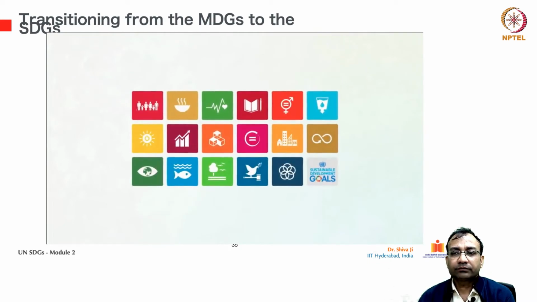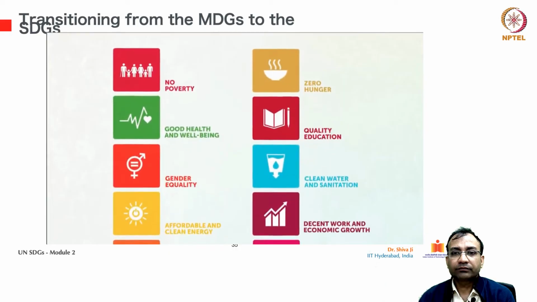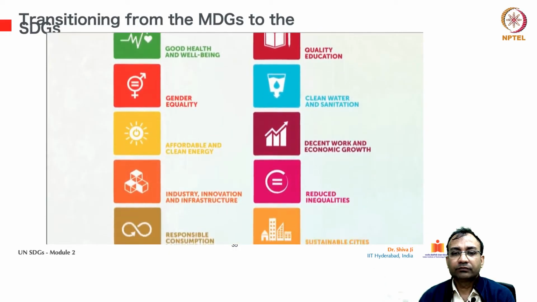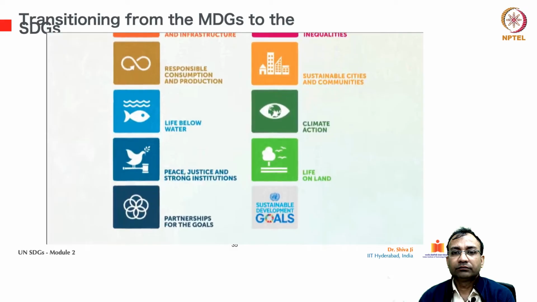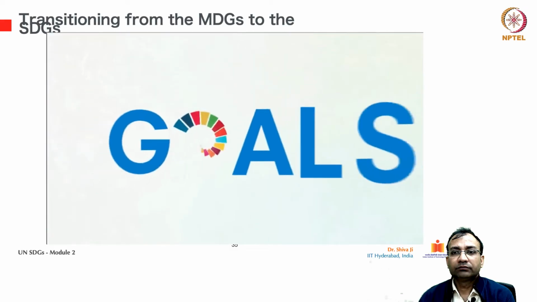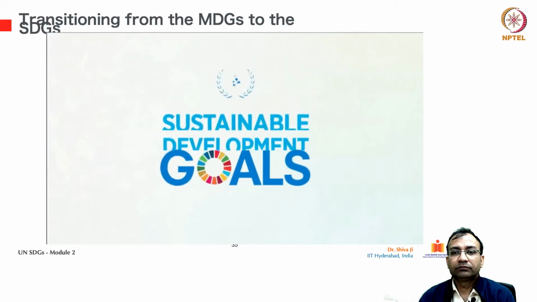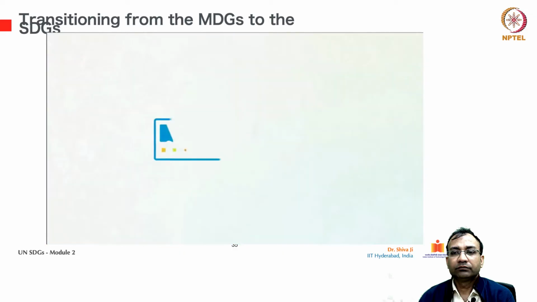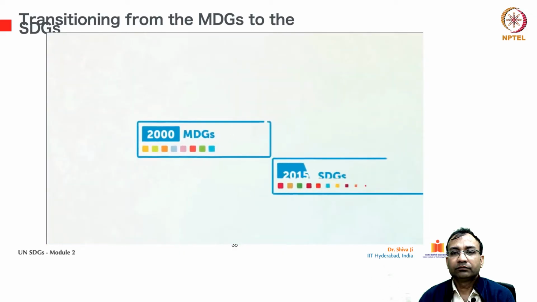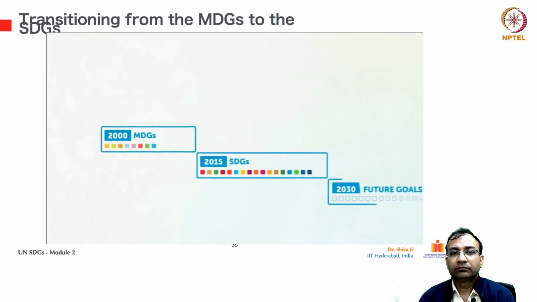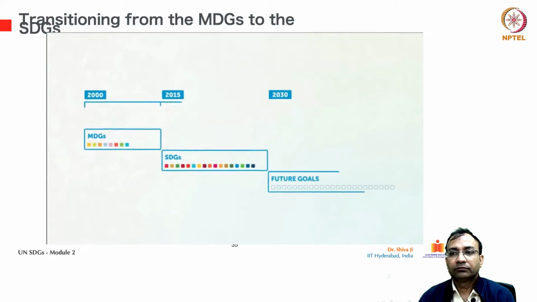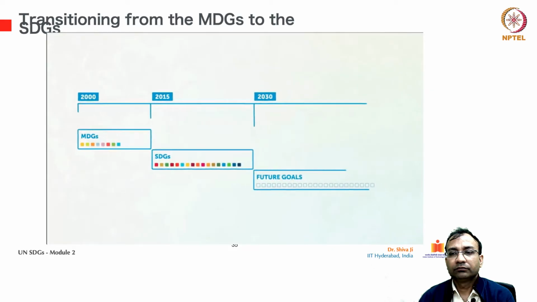So in September 2015, they agreed on a new set of goals to help finish the work we all started in 2000. The new goals are called the Sustainable Development Goals, or SDGs. We have made significant progress in the last 15 years, and we think there's plenty of room for hope, for action in the next 15 years.